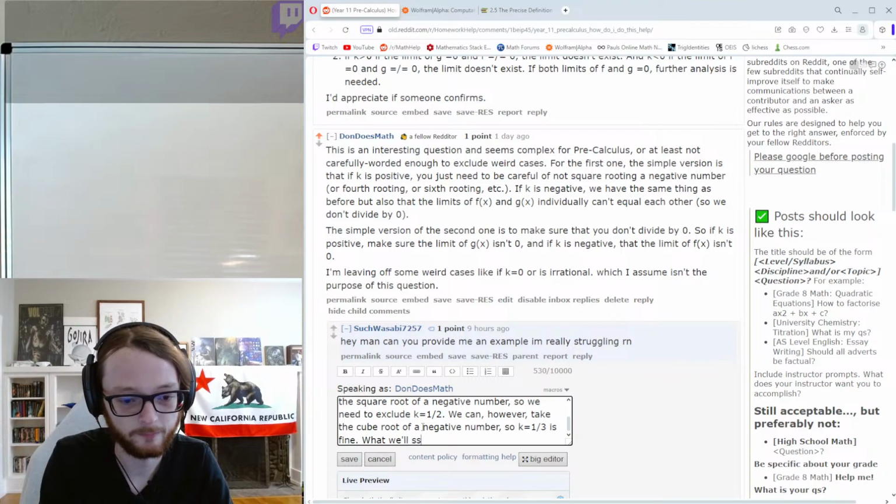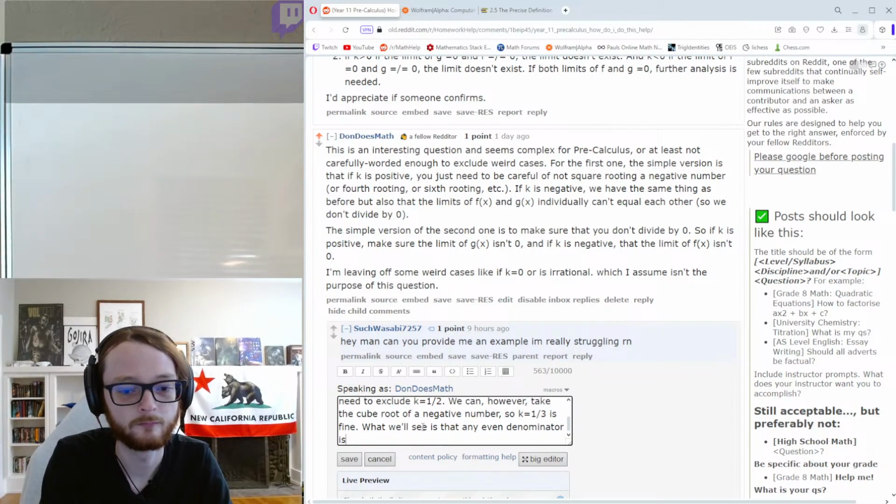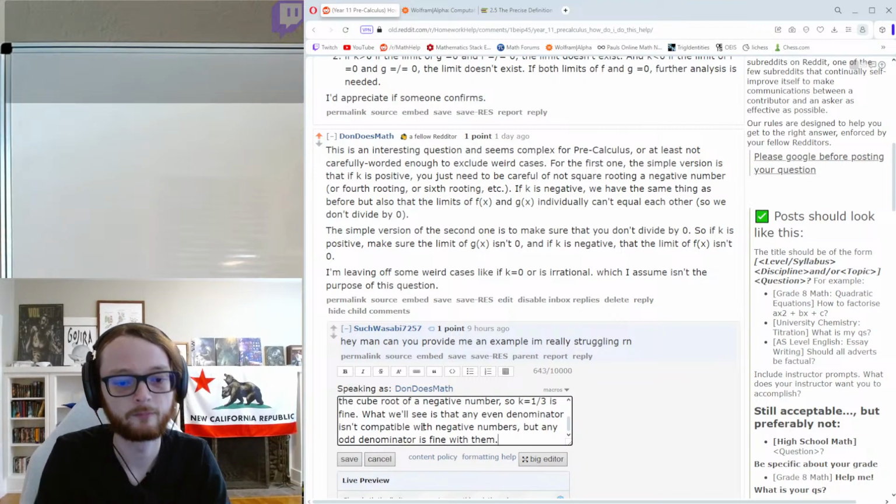What we'll see is that any even denominator isn't compatible with negative numbers, but any odd denominator is fine with them.